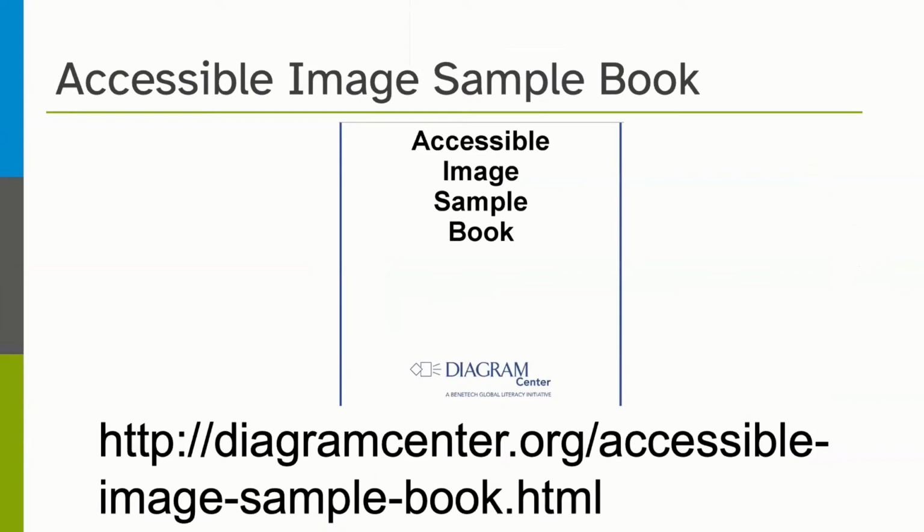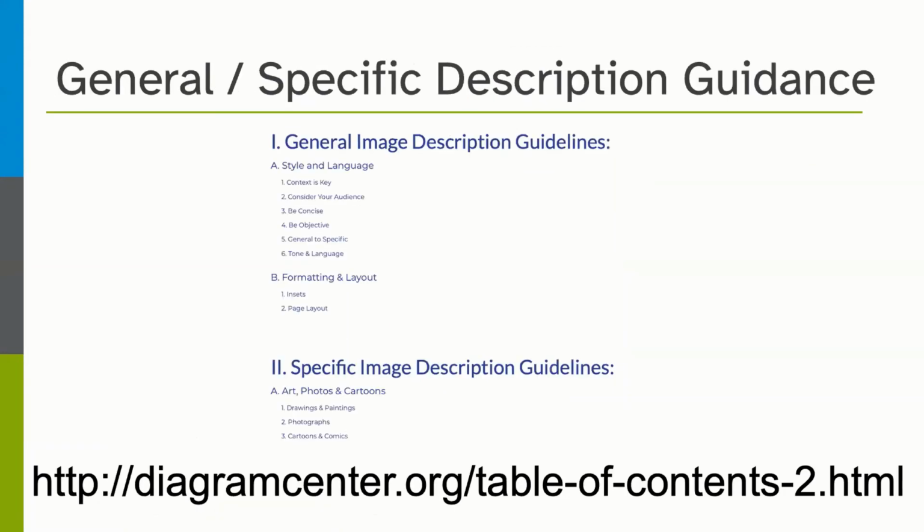So that book is very, very informative. We also have a number of different guidance and best practices for style and language, for formatting, and specific guidelines for all the different types of images, from cartoons to drawings to photographs, etc.